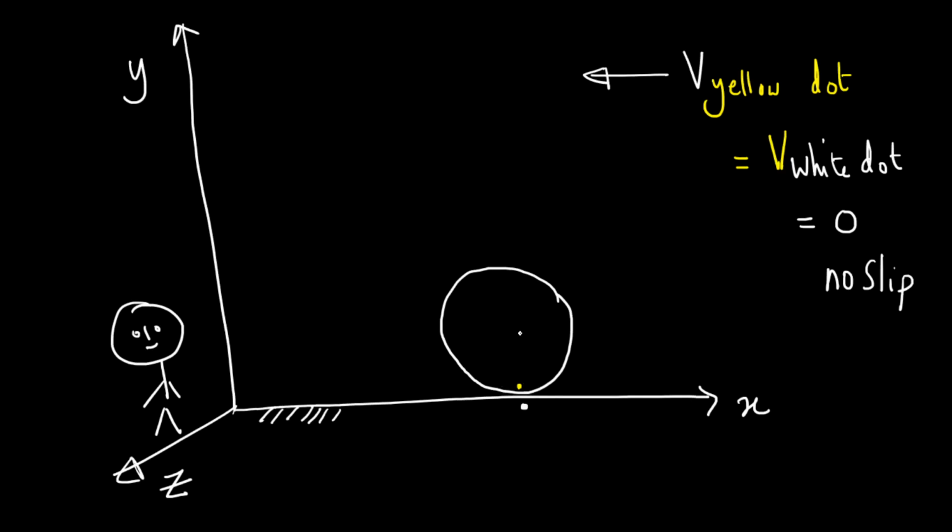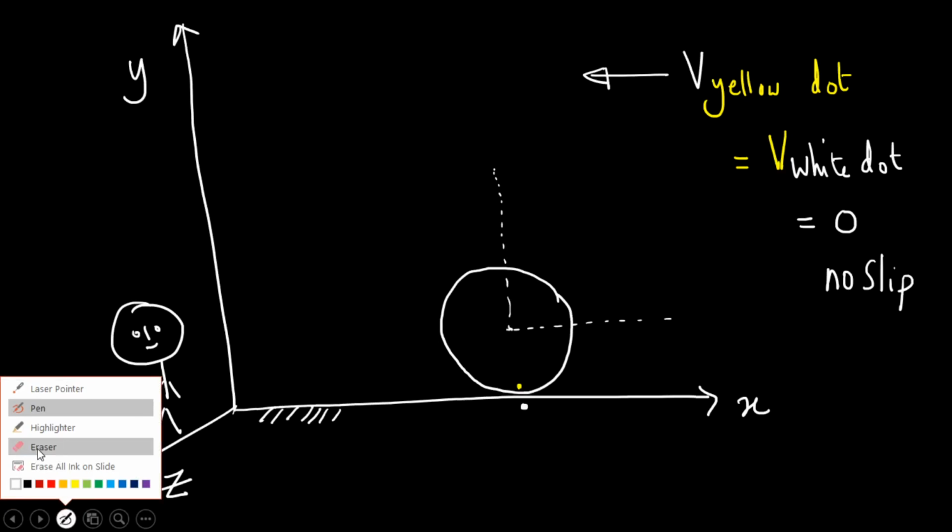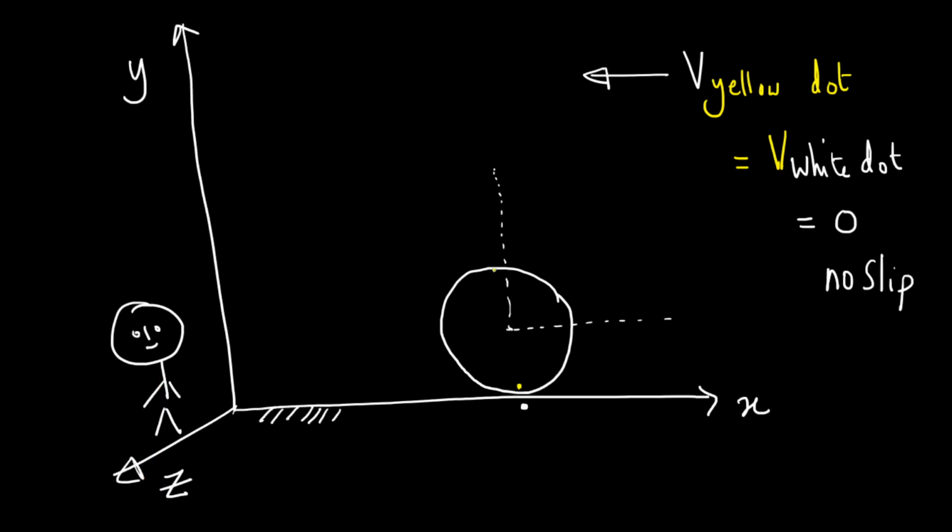Now this has to be done in 2 steps. First, what is the velocity of this observer who is traveling along with the center of mass? You can imagine that this observer is moving with a velocity in this direction, which we are calling the velocity of the center of mass.